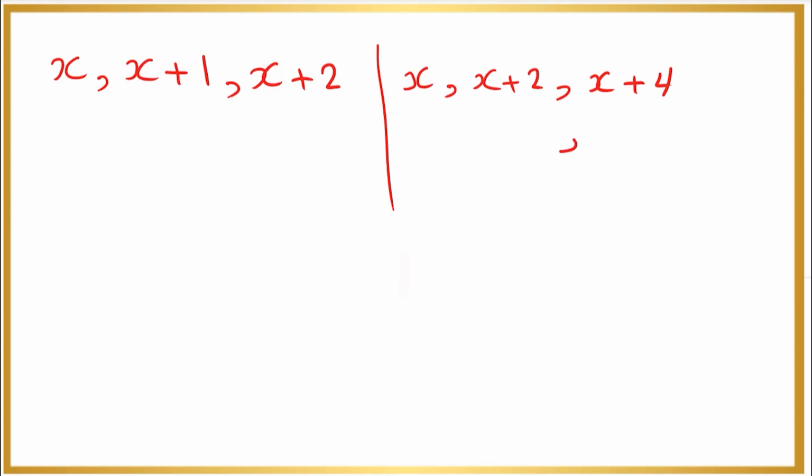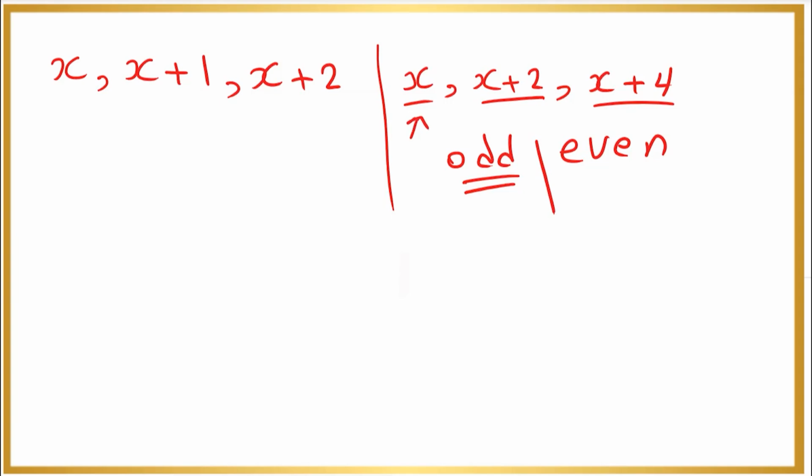If it says even or odd, we write the same variables. Look here. If it says write three consecutive odd numbers, then the first one, x, represents an odd number. For example, if x represents 5, then the second one, 5 plus 2, is 7, and 5 plus 4 is 9.